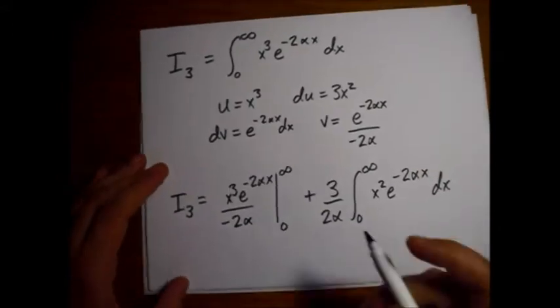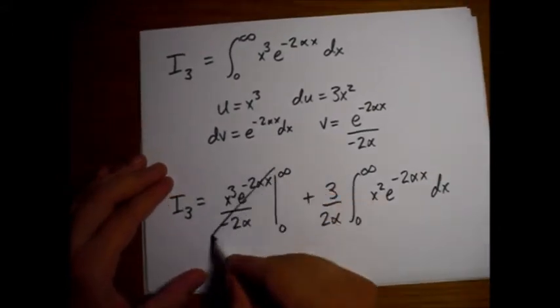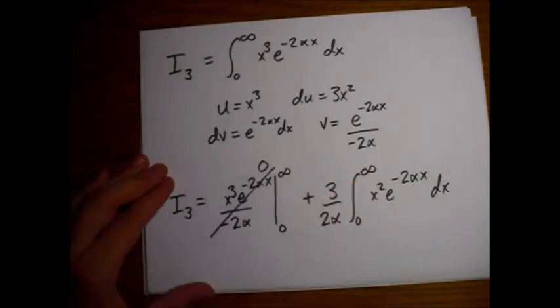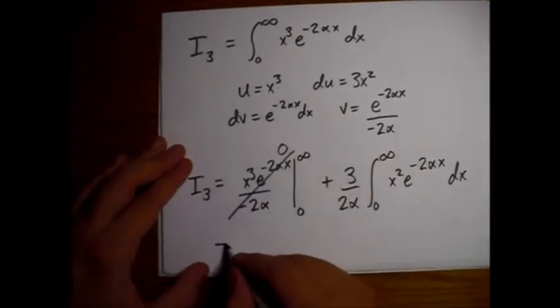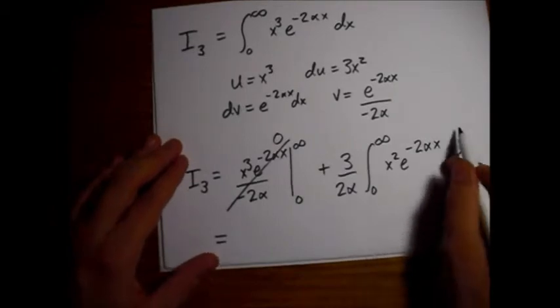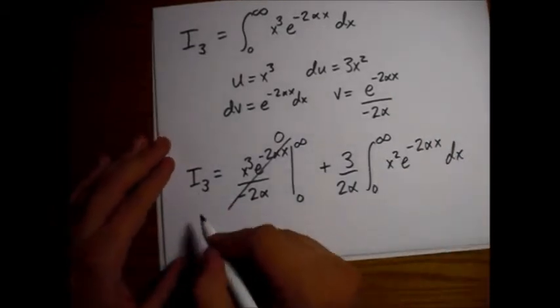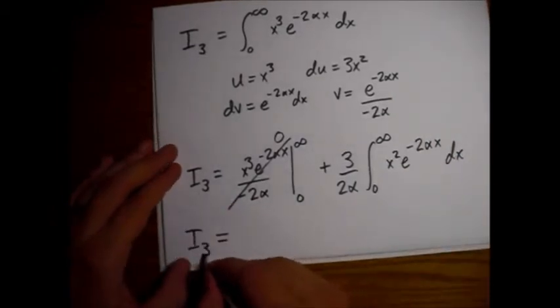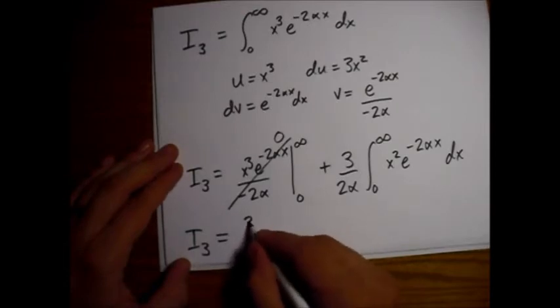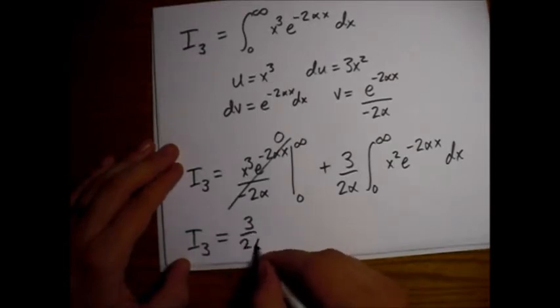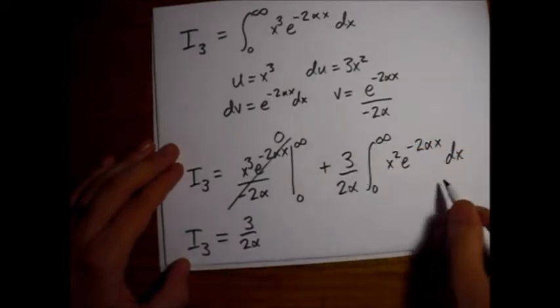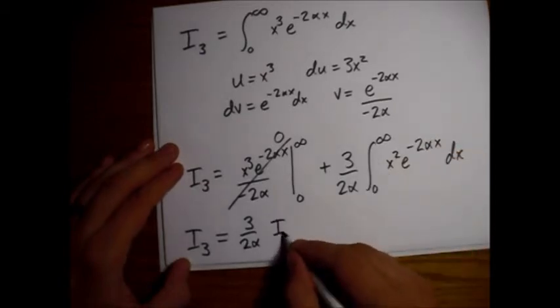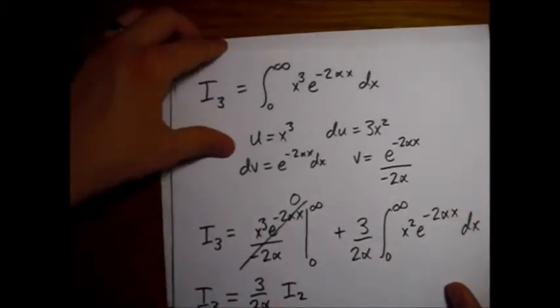So we already showed how the boundary term goes to 0. Now we have another integral to do. So I3 is equal to 3 over 2 alpha times this one here, which I'll call I2. You can see where this is going.